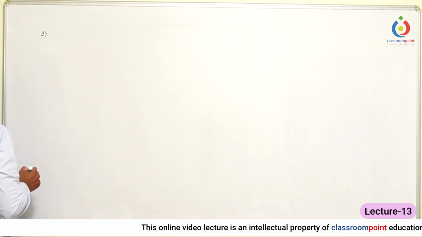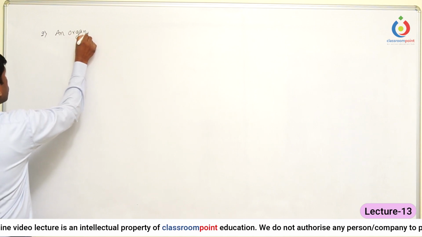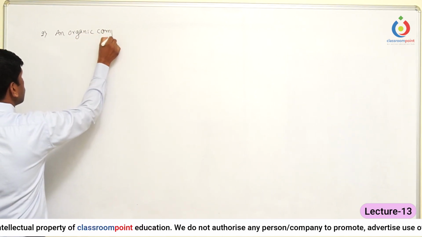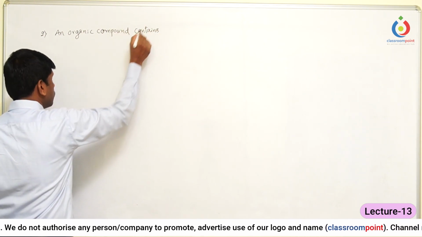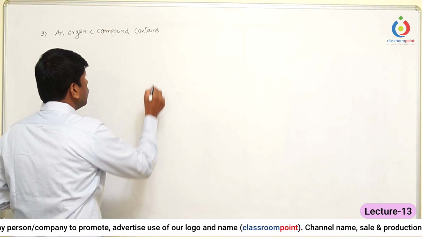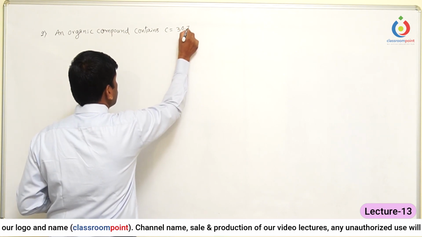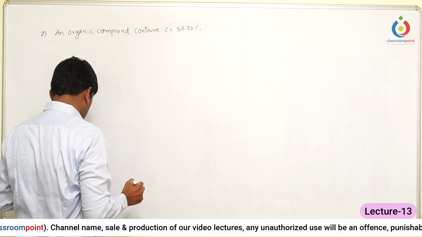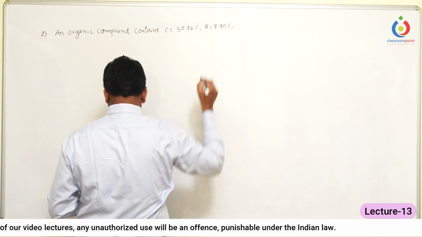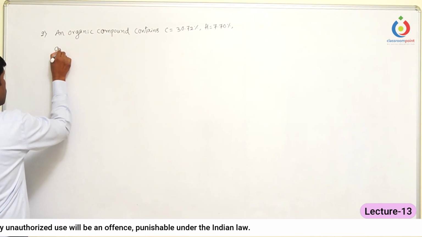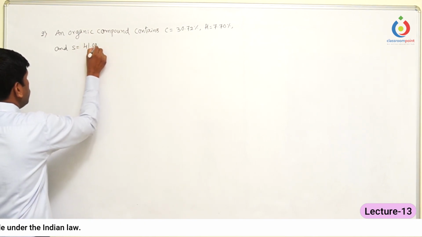So second question is, an organic compound contains elements percent is given: carbon 30.72, hydrogen 7.70, and sulfur 41.02%.